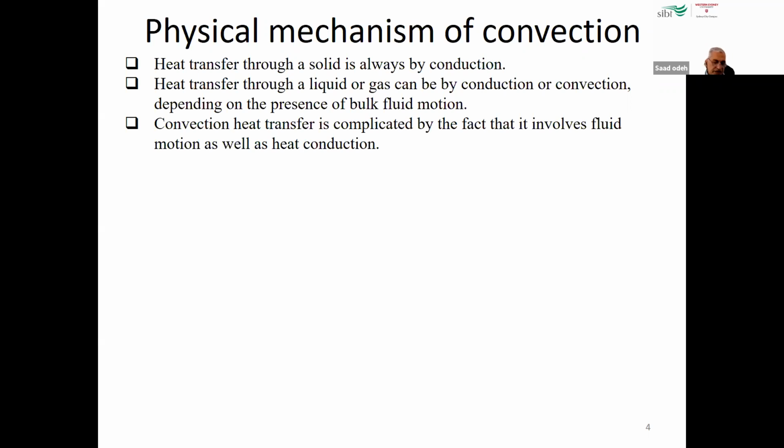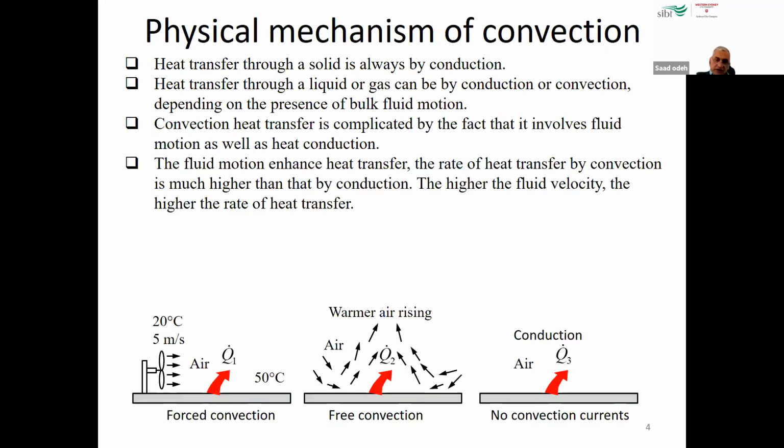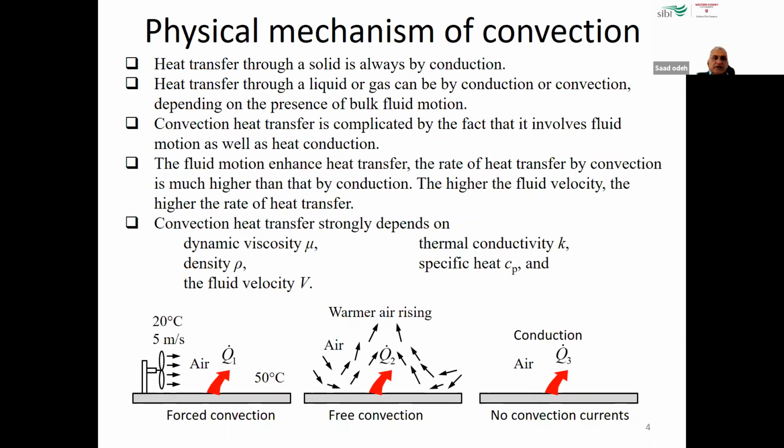And convection heat transfer, as we said, is complicated by the fact that it involves fluid motion as well as heat conduction. So both, and that's why it's more complicated than heat transfer by conduction only. Okay, so we talked about these types of forced and free convection. So I don't think we need to talk about them again.